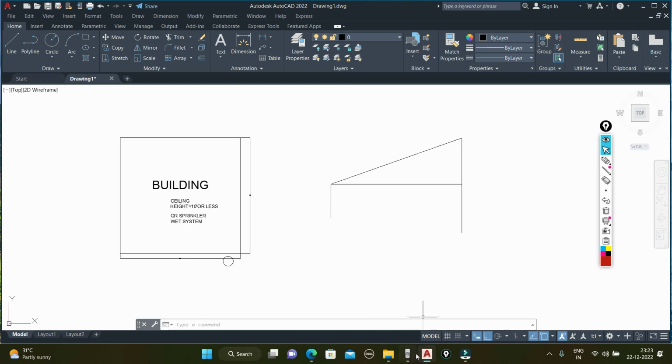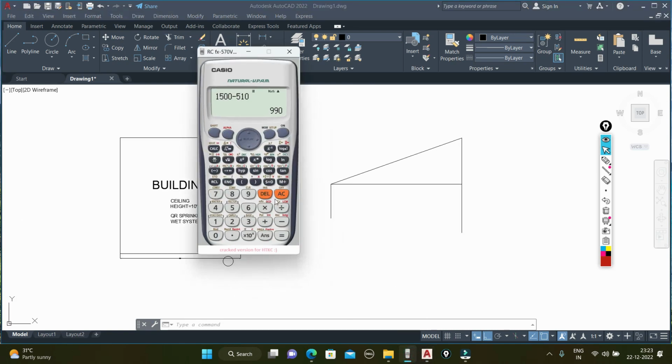If it is a slope ceiling, then the area of operation for light hazard is 1500. But this is a slope ceiling, so we reduce 30% directly. Okay, so our area of operation will be 1500.